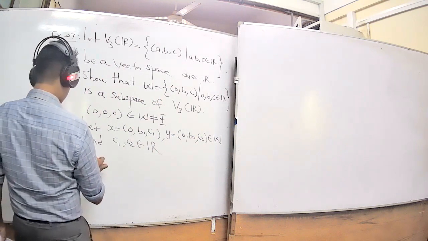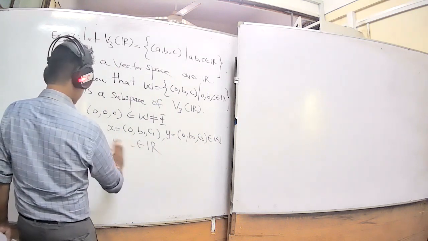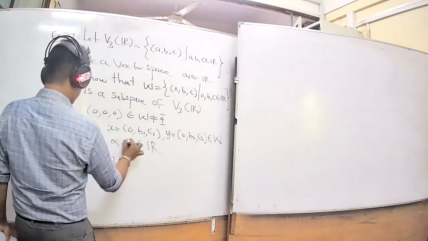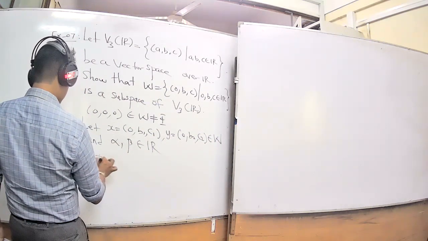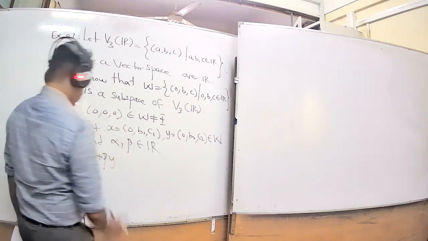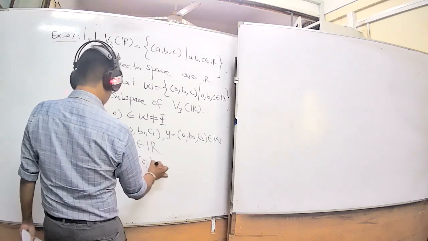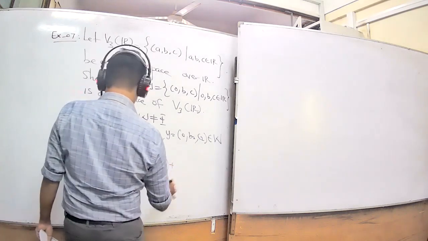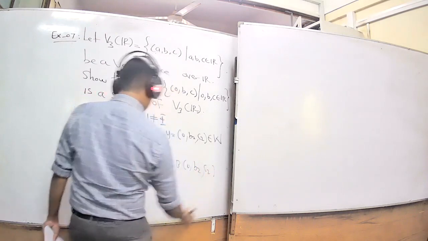The claim is you want to show that alpha x plus beta y belongs to W. So alpha x plus beta y is alpha times 0, b1, c1 plus beta times 0, b2, c2.